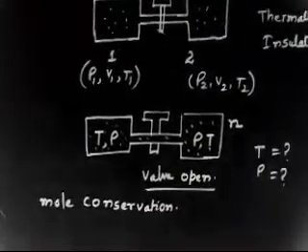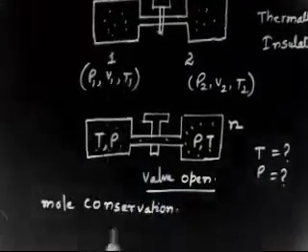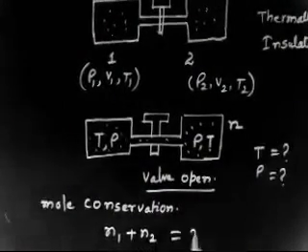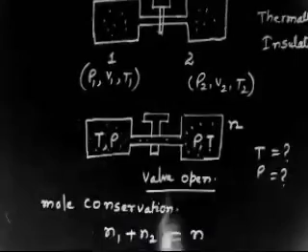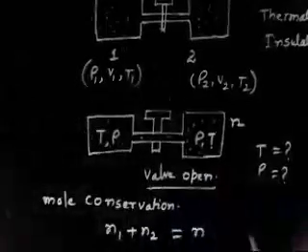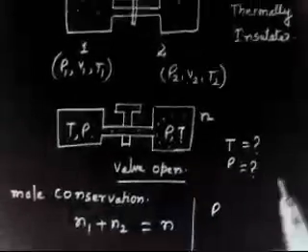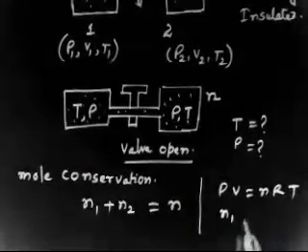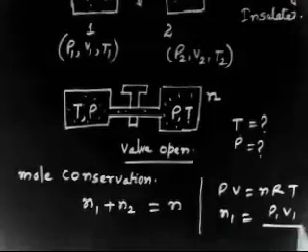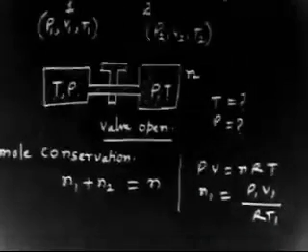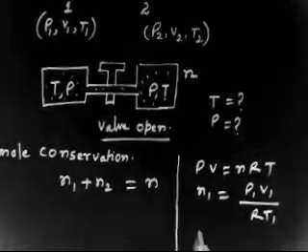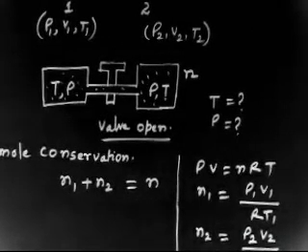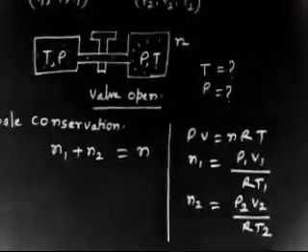So if I apply mole conservation, the initial number of moles is N1 in this vessel and N2 in this one. So this should be the total number of moles. If I apply PV equals nRT, N1 will be P1 V1 by R T1. Similarly, N2 will be P2 V2 by R T2.